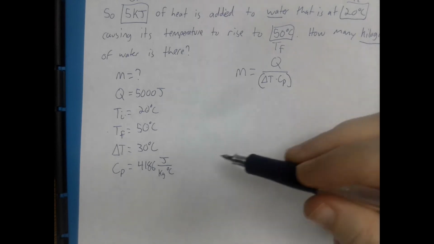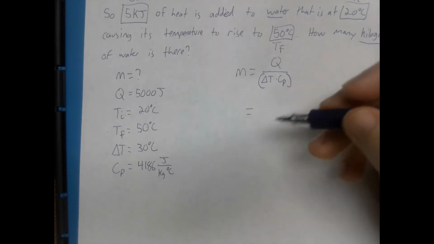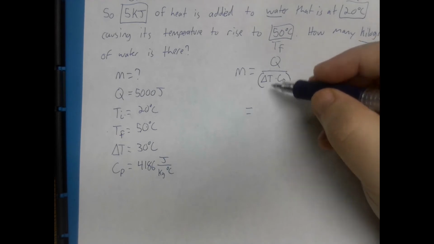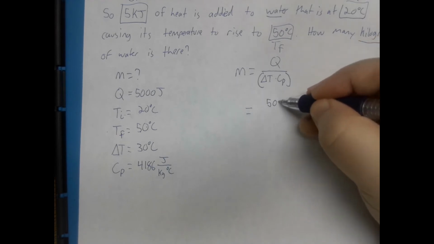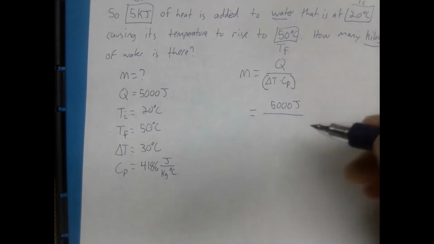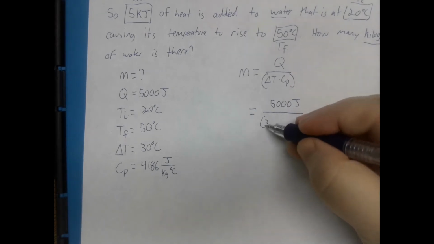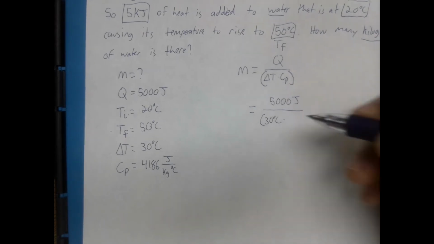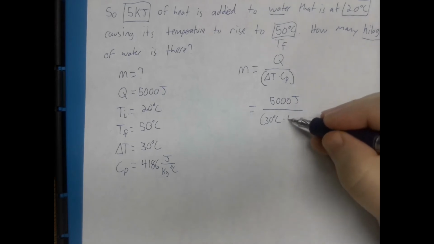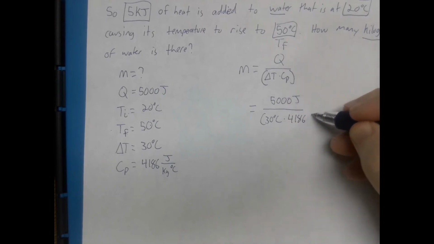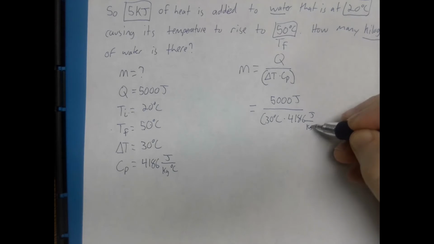So now we have all of our information. We can plug this in. So heat is 5,000 joules. Our change in temperature is 30 degrees Celsius. Our specific heat for water is 4,186 joules per kilogram degrees Celsius.